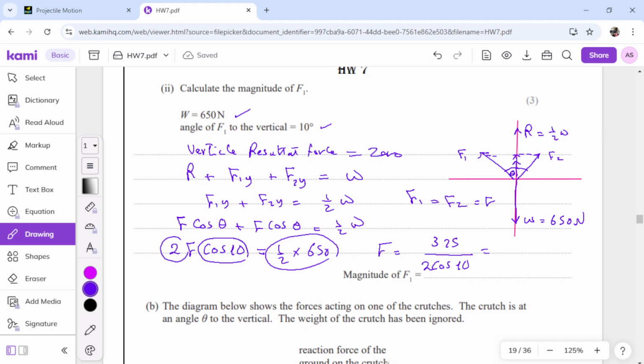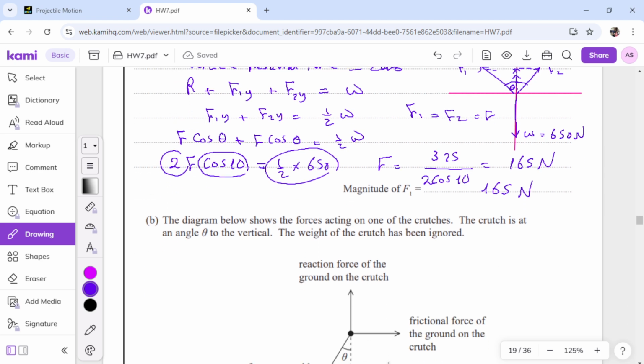So it equals 165 Newton. So the answer is 165 Newton. Let's move to the next.